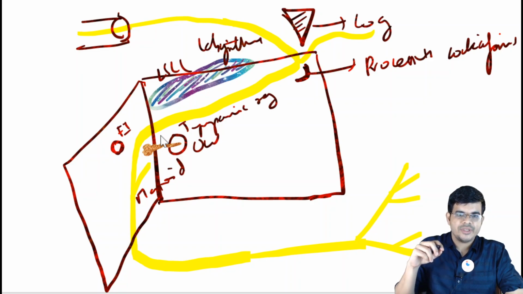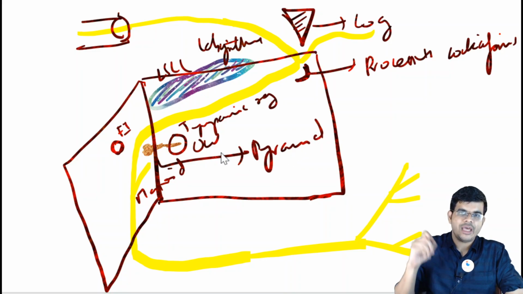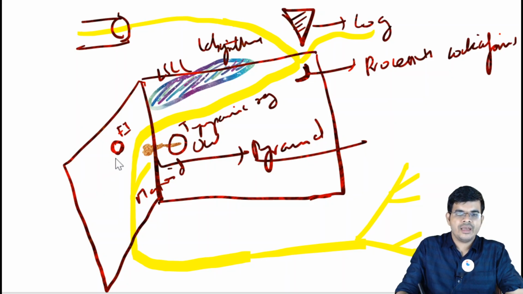So this pyramid also forms a landmark. The pyramid is a landmark for the mastoid segment. So what are the landmarks for the mastoid segment? One is the pyramid, and the second is the short process of the incus.